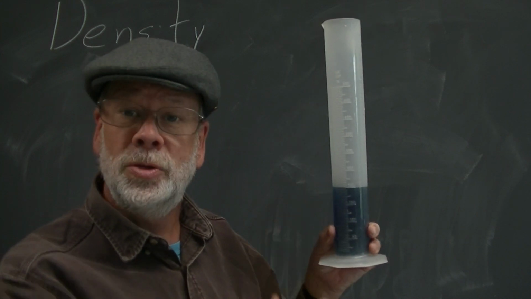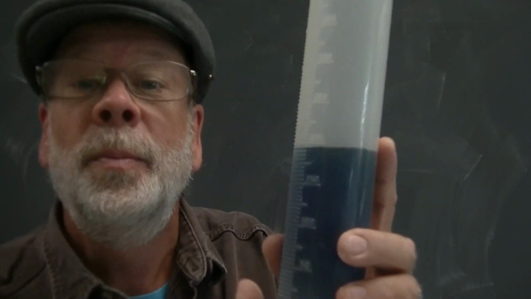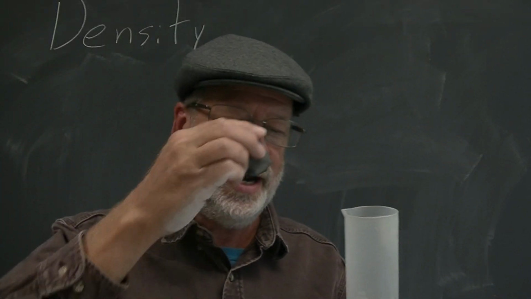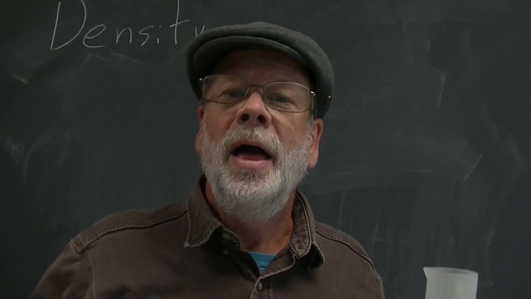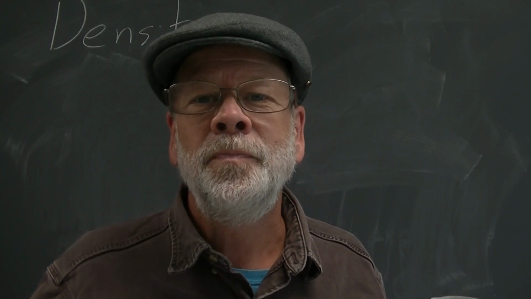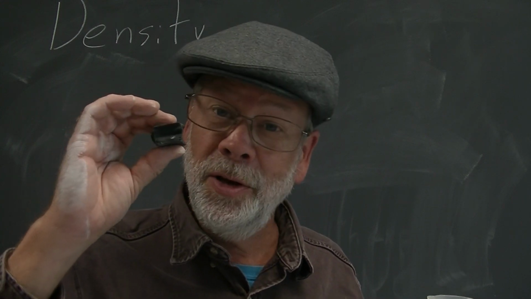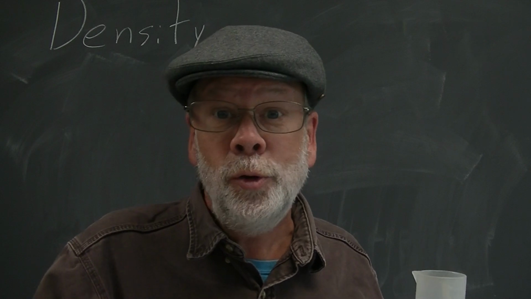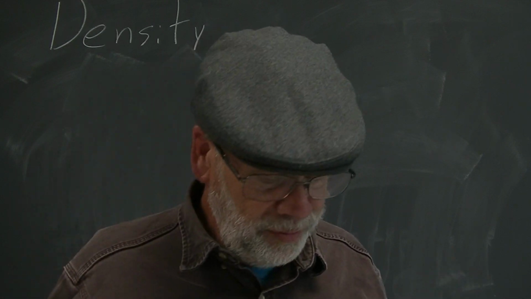I made the water blue so it's easier to see what's going on here, but it's exactly 200 milliliters. If I drop this in, the increase in volume will tell me the volume here. The difference between the original volume and the new volume has to be the volume of that.